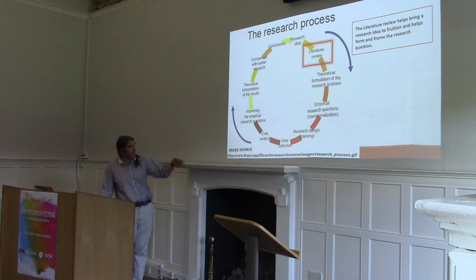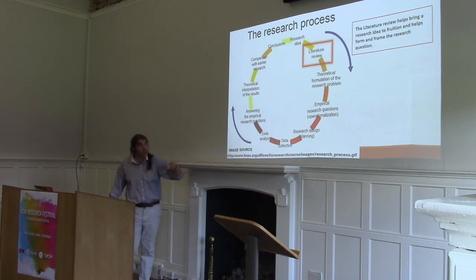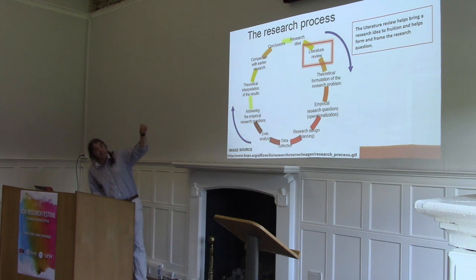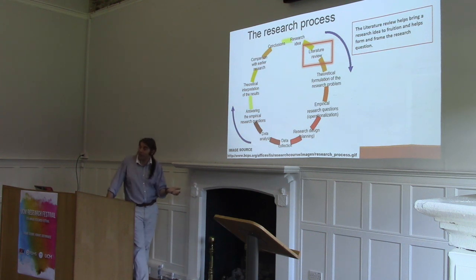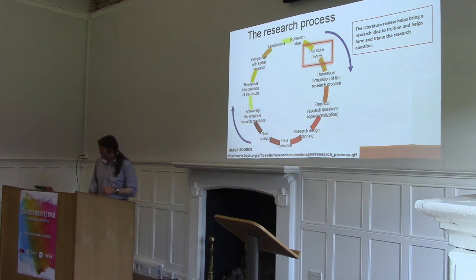Then we start data collecting, data analysis, then we start answering a question, interpreting our results, and then we start reading again, comparing it with other research, identifying more holes that we've now opened up, and then we can start coming up with new ideas. So there is a constant cycle going round and round and round of the literature review feeding into the next research question.